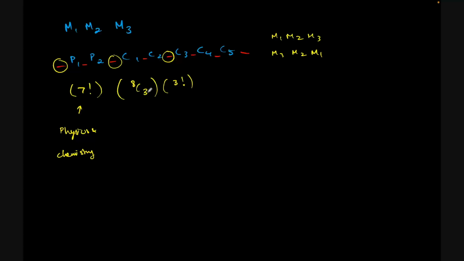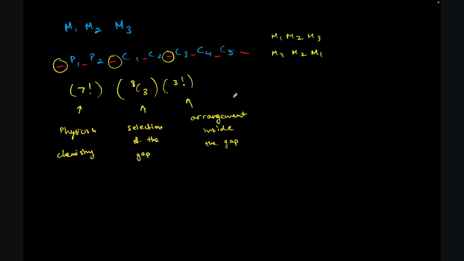So this is the selection of the gap, and this is the arrangement inside the gap. I have to count for them as well. Got it?